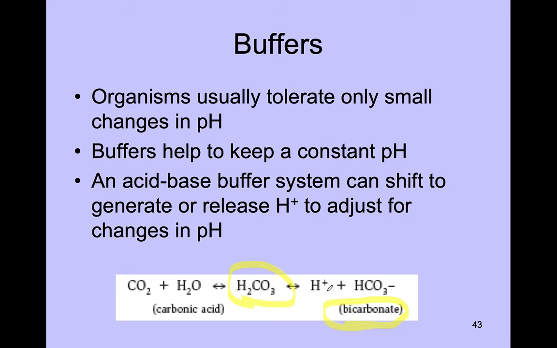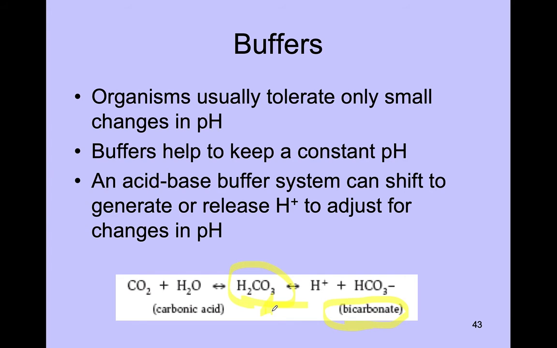But if we get too acidic, then it's going to come back over here and absorb it, and that way our bloodstream does not get too acidic. This acid-base buffer system shifts, and it can either release hydrogen ions or it can absorb hydrogen ions, but the point is that it's going to maintain the pH at a very constant level.